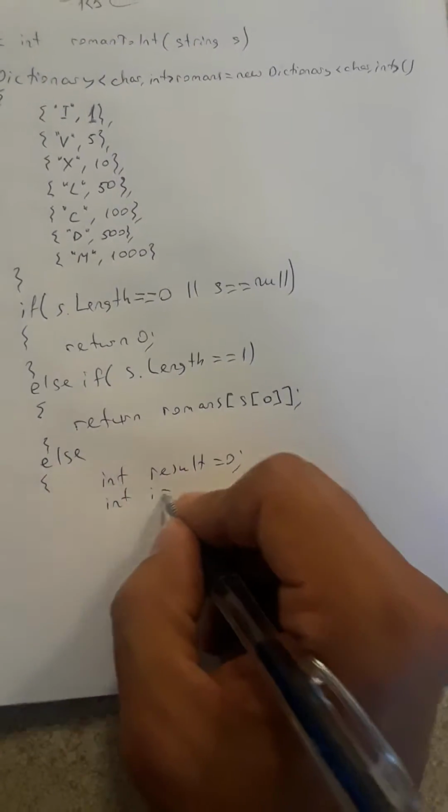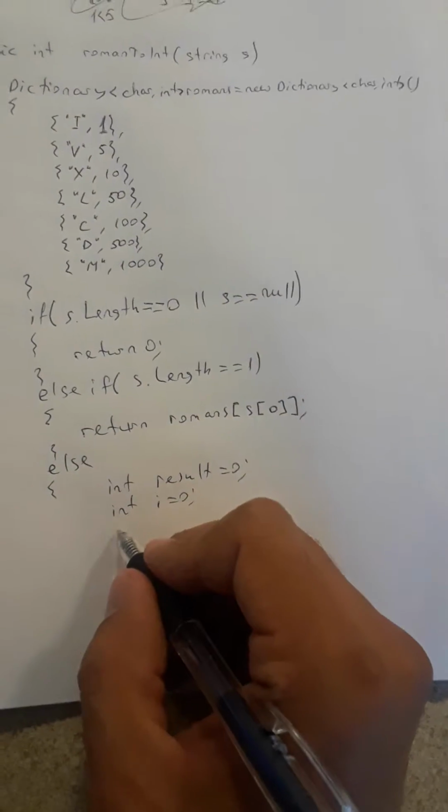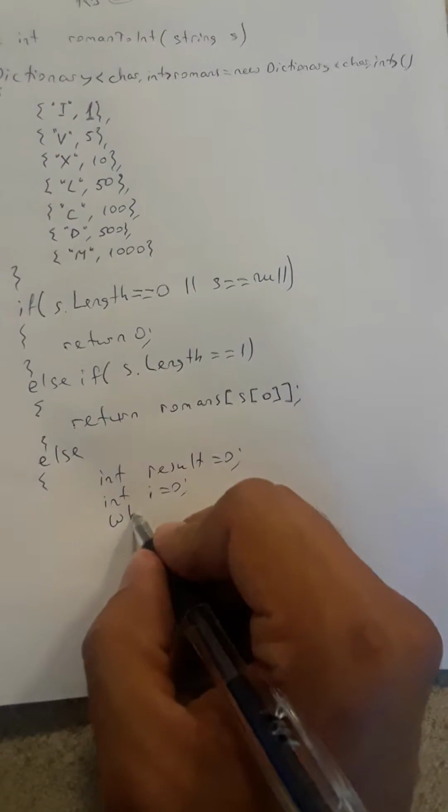We declare I, a variable for our while loop.